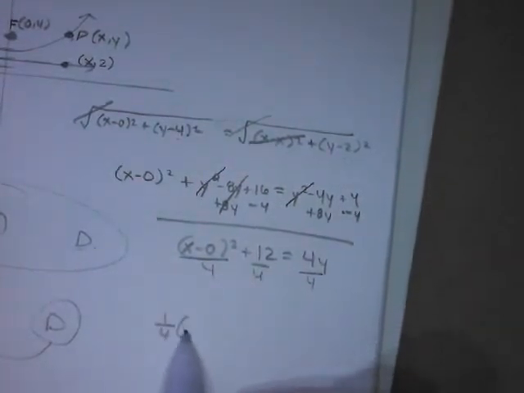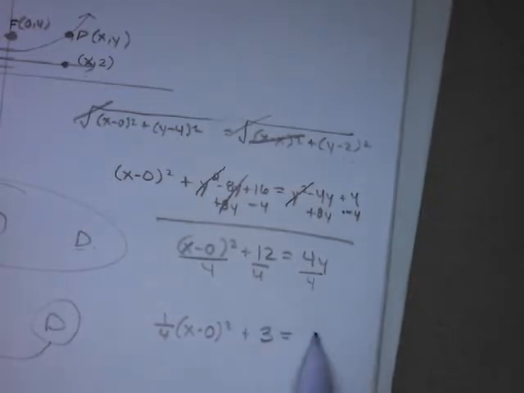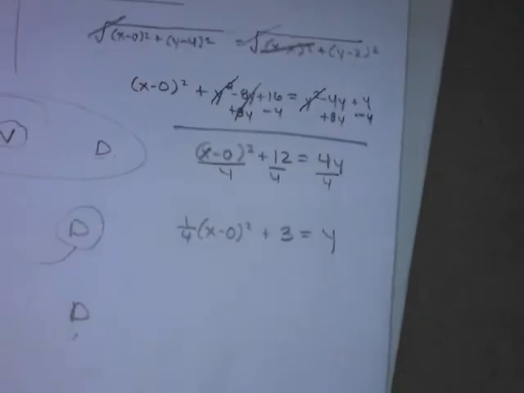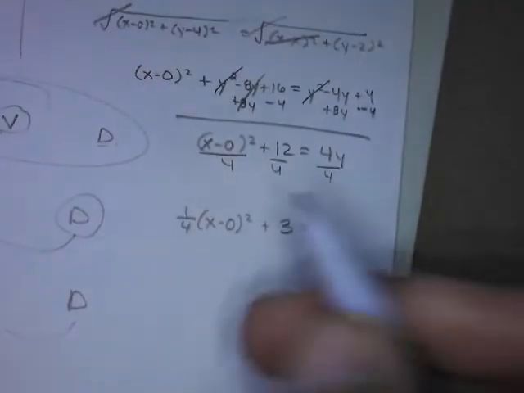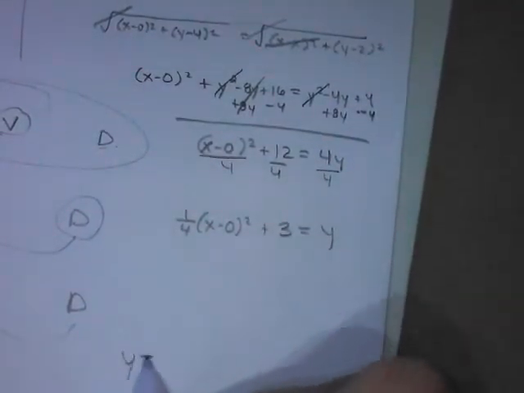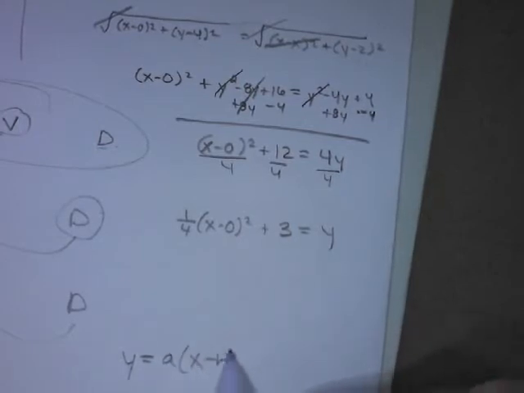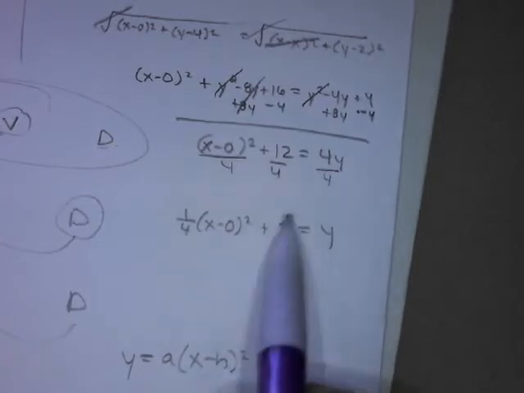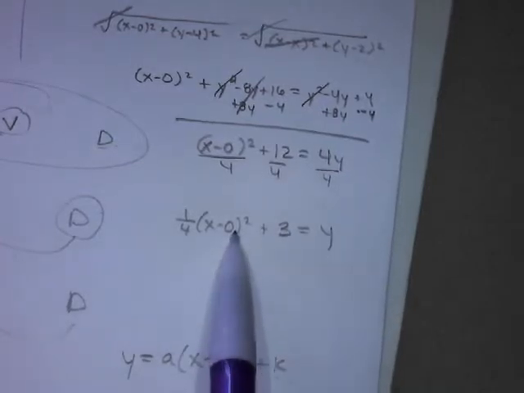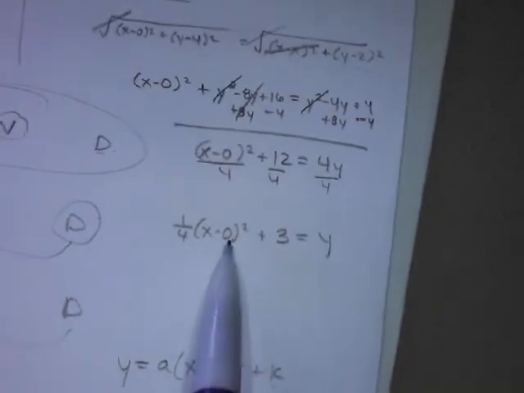Now I know it seems silly that I keep writing that x minus 0, but I'm doing that for a reason. Because the vertex form of a parabola is y equals a times x minus h squared plus k. You guys know that? Where h, k is your vertex. So I kept this in parentheses even though it was 0, so that we could clearly see what our h, k was, 0, 3.